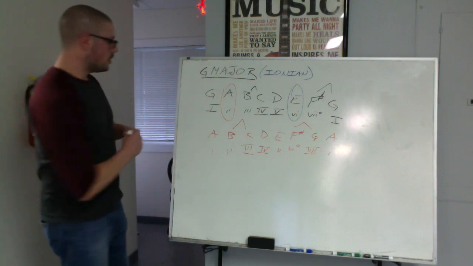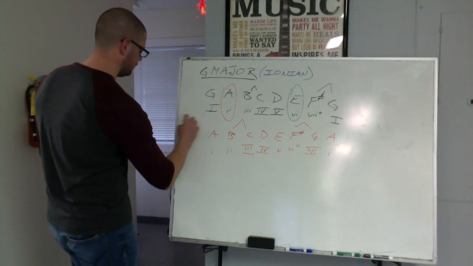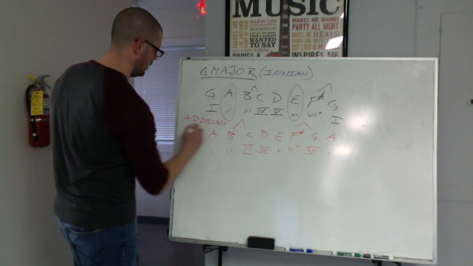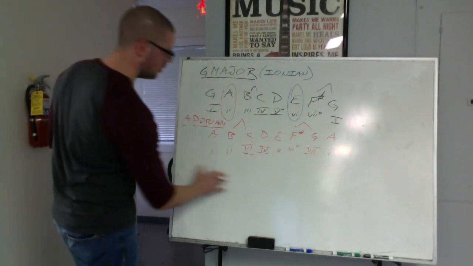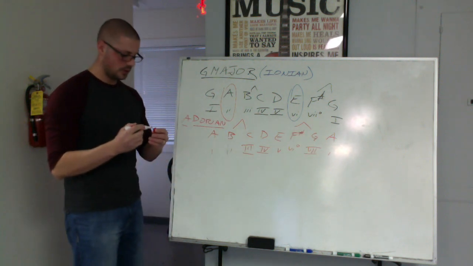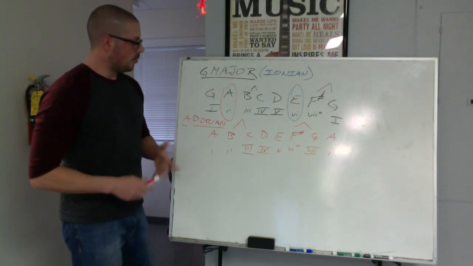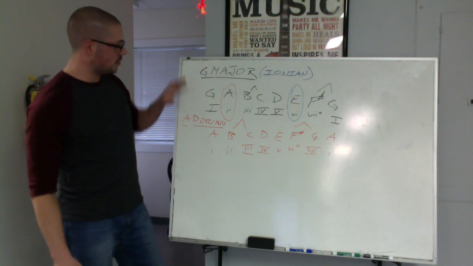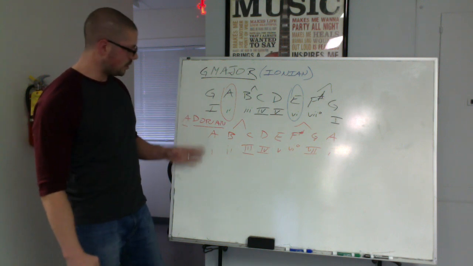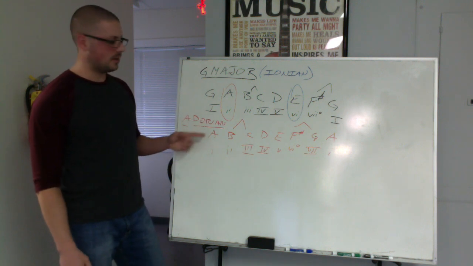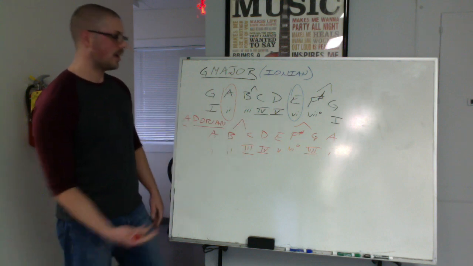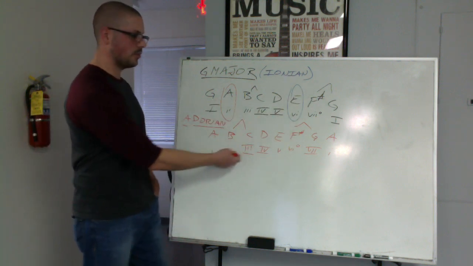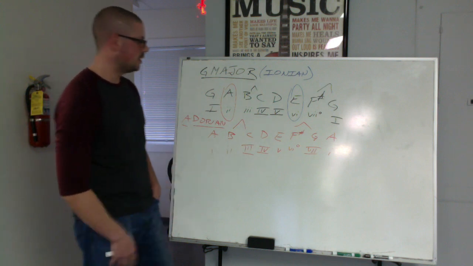So the A Dorian scale, or the A Dorian mode, has its own setup of Roman numerals. And when you write a song in A Dorian, you're simply using the key of G, but starting on the 2 chord, A minor, and sort of renumbering. So again, we still have the F sharp diminished, we still have A minor, C major, whatever. They're all the same chords, they're all the same notes.